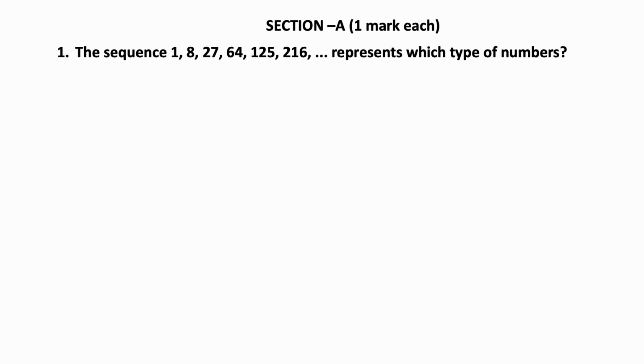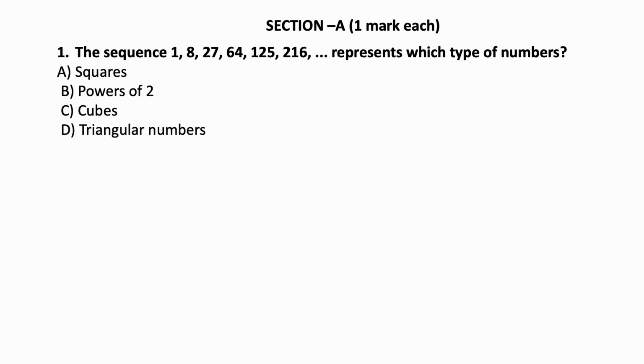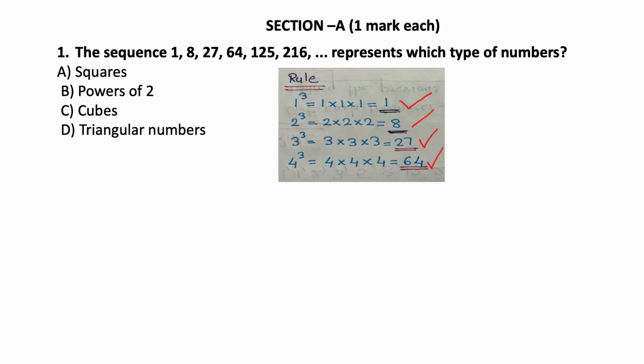Section A, 1 mark each. The sequence 1, 8, 27, 64, 125, 216 represents which type of numbers? Options are squares, powers of 2, cubes, triangular numbers. See, what is 1 cube? 1 into 1 into 1, that is 1.